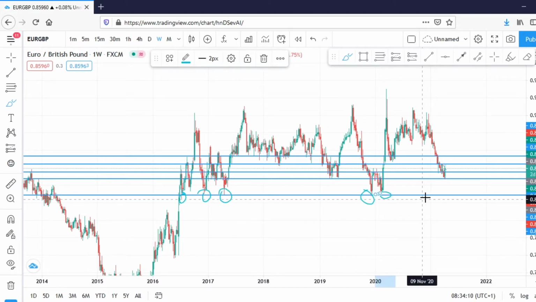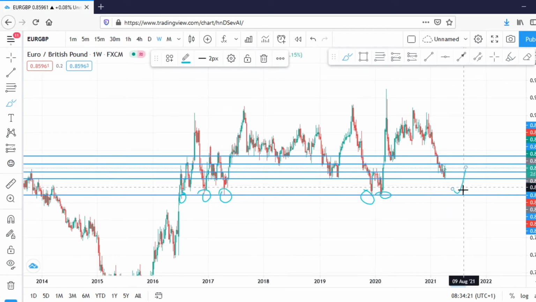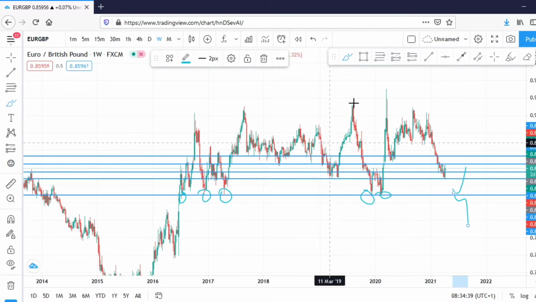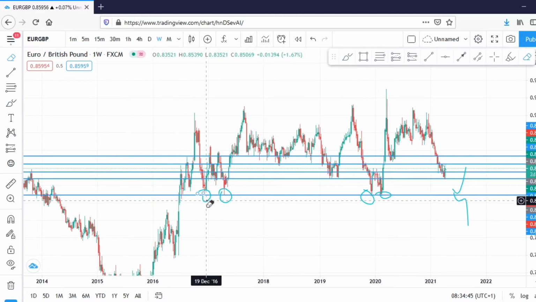So if at a certain point price comes down towards this level, I'll be expecting a reaction at this level, either to bounce up to the upside or to break this level, retest, and continue to the downside. But the more times the level has been tested, the stronger it is. So most likely price will bounce off this level. Anytime price comes to this level, I'm looking to take a trade at this level. But for now, that's not the case. That's just to show you a quick example of a strong support level.